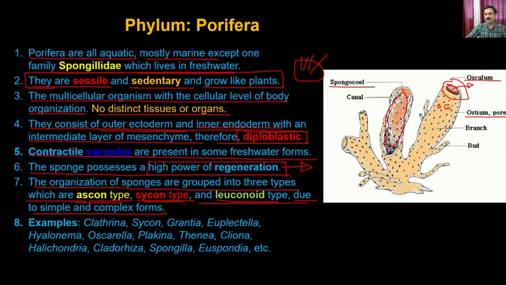Through the ostia, it receives or filters the water coming from the outside, and sponges can do branching as well as debranching. The mechanism through which sponges acquire nutrition is that they filter the water, and along with the water the food particles also enter the body through the ostia.